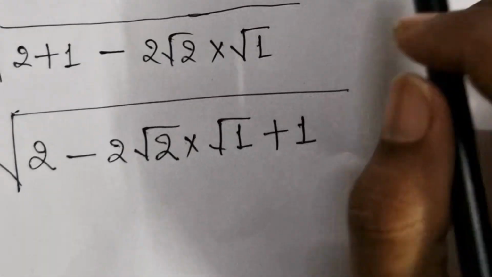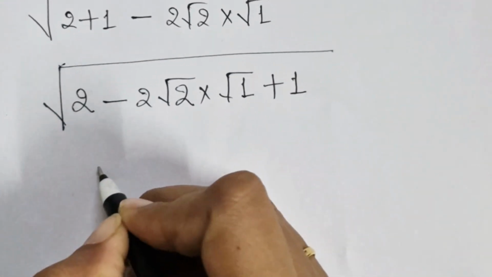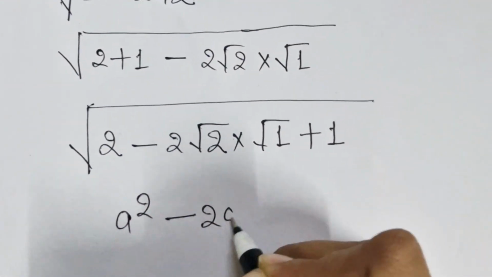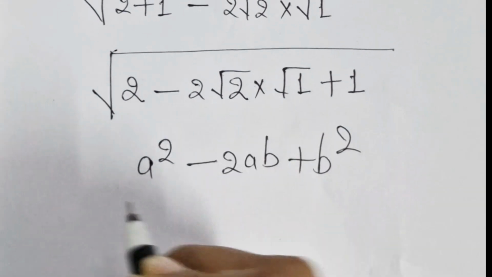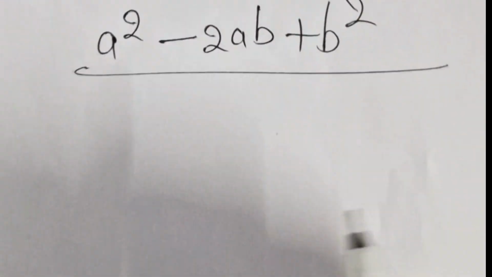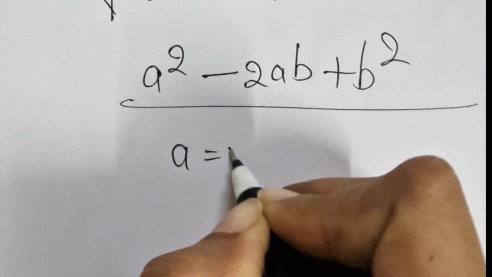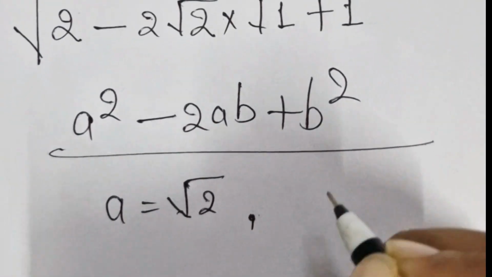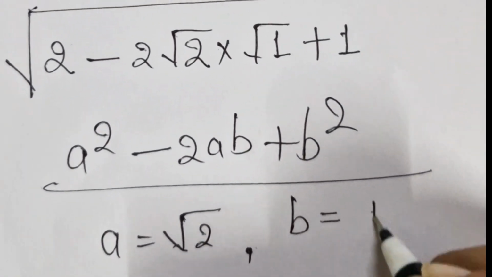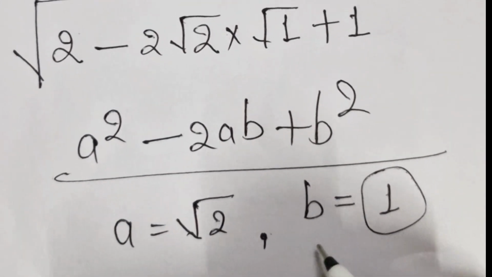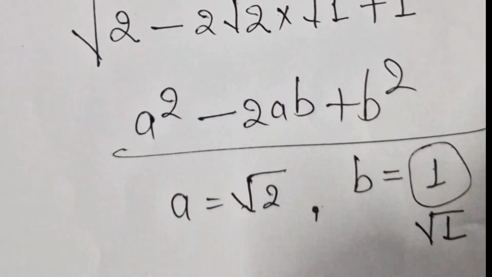So now we will apply this formula here. So a square minus 2ab plus b square, we will write this in the form of this formula. So here a will be root 2 and b will be 1, so we can write this one as root 1. Okay.